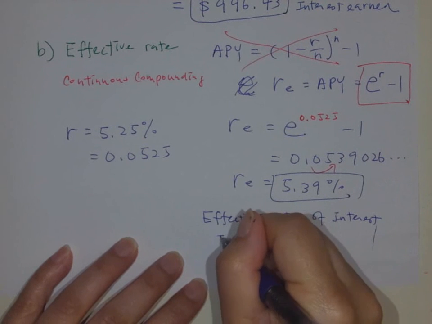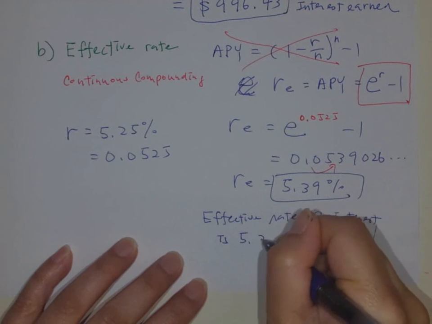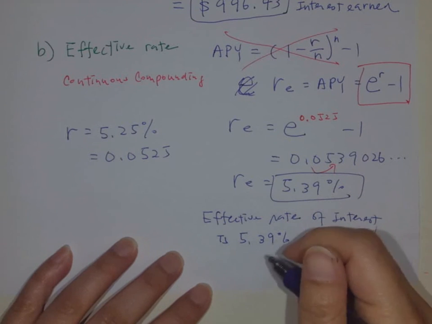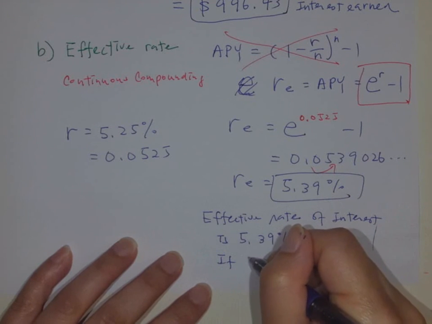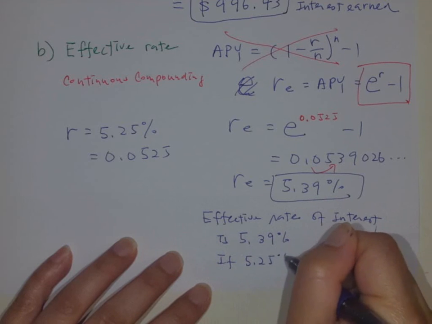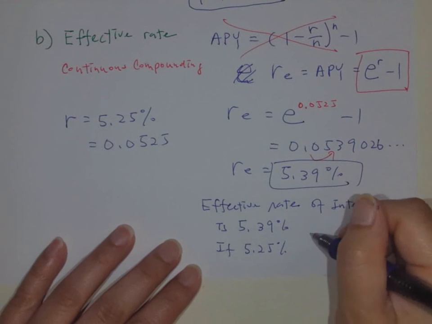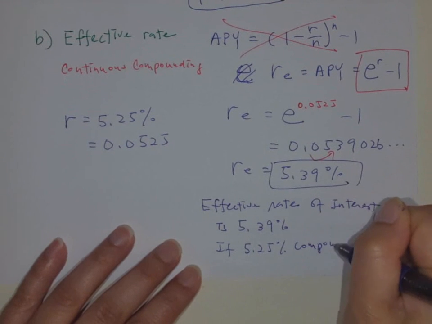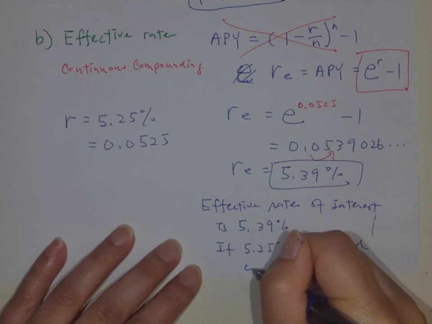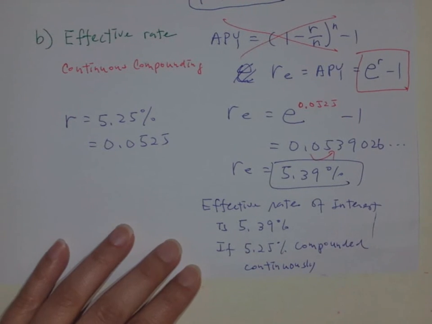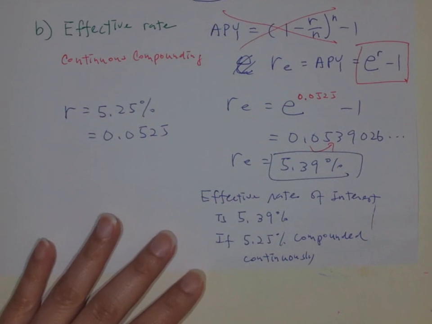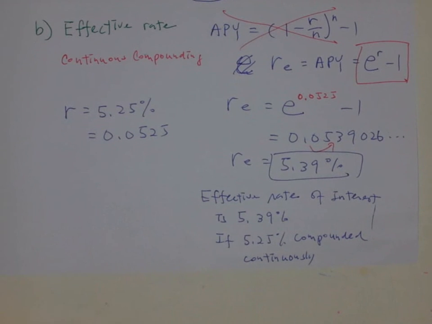It is 5.39% if it was 5.25% compounded continuously. Alright, so the more you compound, normally it means the higher interest you will get or you will pay.